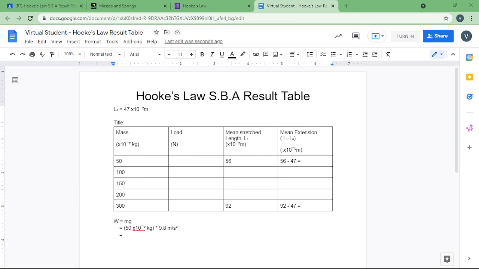So your graph will have its title. When you're making up your graph, always ensure that it has a proper title.